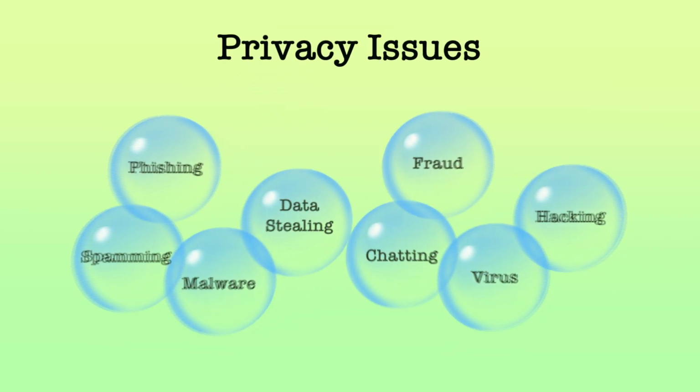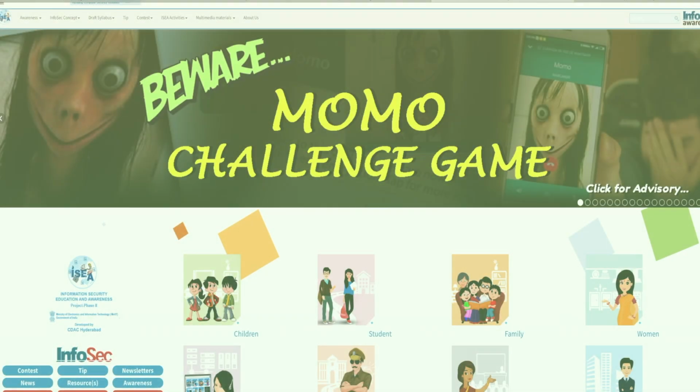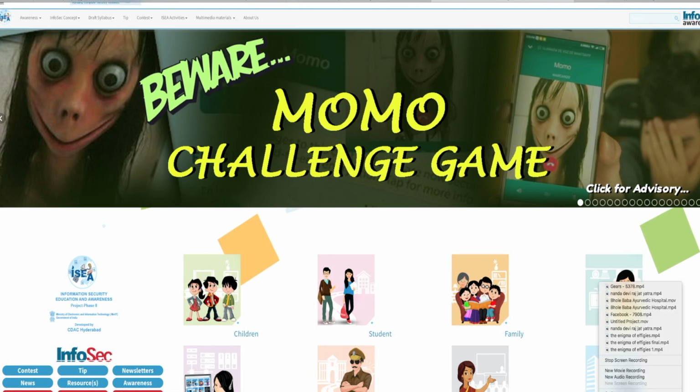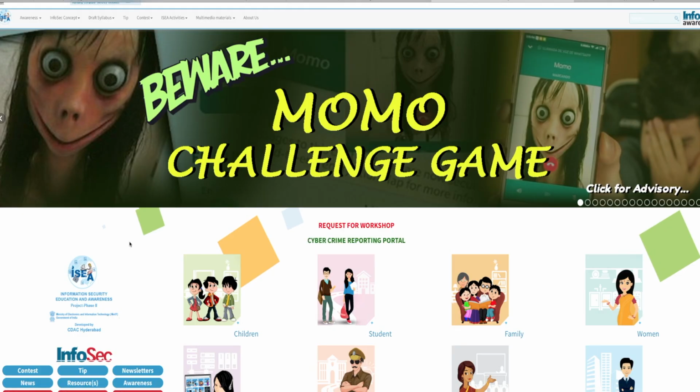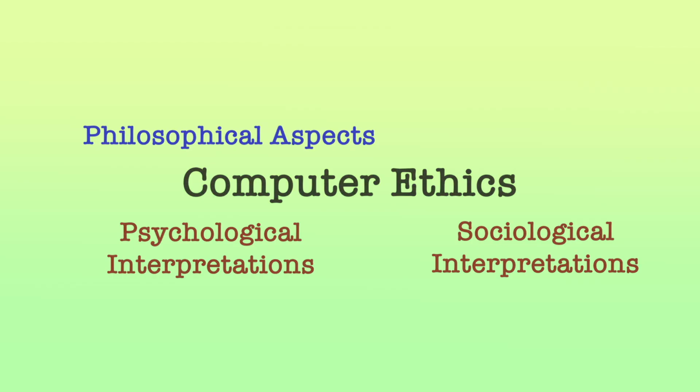This field has taken ethics to a whole new level, especially due to the privacy issues found throughout various businesses. This form of ethics is also now offered as a course to study at many universities around the world. Computer ethics include the various physiological aspects of ethics as well as the psychological and sociological interpretations.